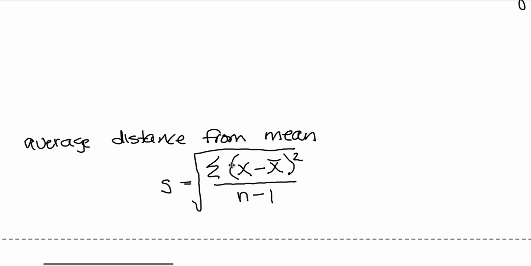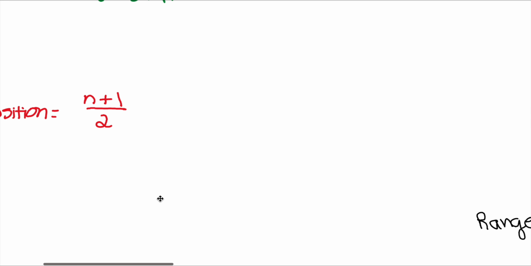So we take each individual value minus the sample mean, and we square the difference, and we add up all of the differences for each data point in the sample, all divided by the number of data points minus 1, and take the square root of the whole thing, and we get the sample standard deviation.